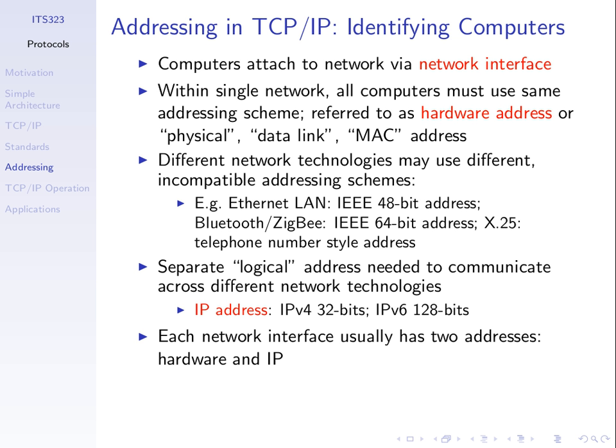Then pass the IP packet to the data link layer, does its processing, and then the data link layer and the physical layer use the hardware addresses to communicate. In fact, if we look at the frame from the data link layer, it also has a source address. I'll draw it down here so I have space.